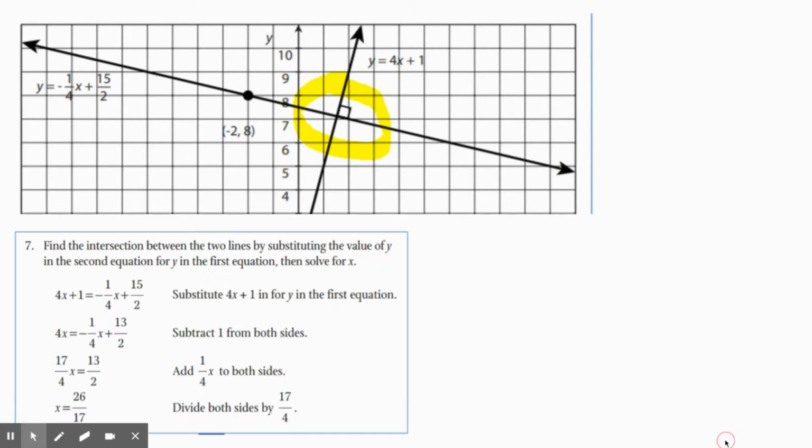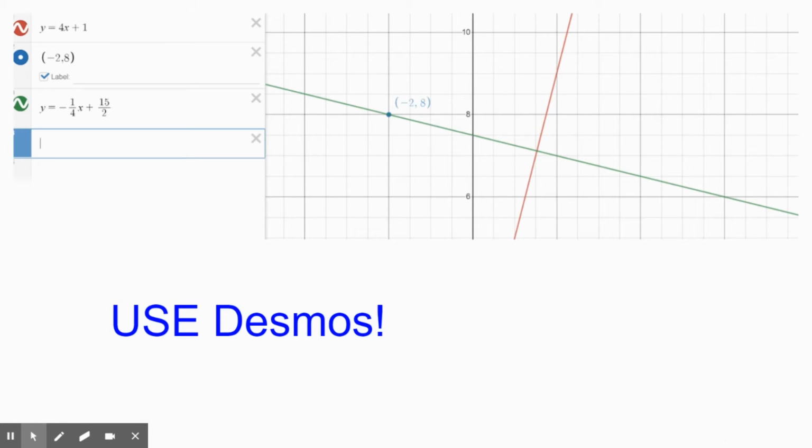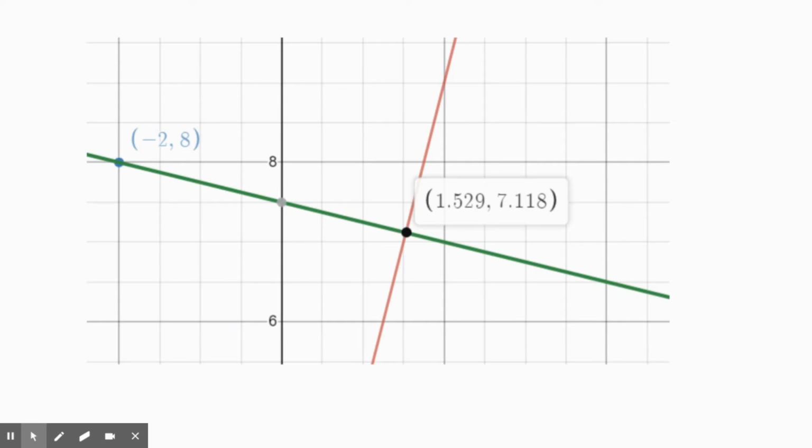You can use substitution, but I'm going to warn you, this particular problem comes out with a pretty crazy looking fraction like x equals 26 over 17 once you solve for x, and then you need to plug it back in. Or you could just use Desmos. Graph both of these lines, and Desmos will identify the point of intersection for you, with a rounded approximation for that point of intersection that would be closest to (-2, 8).